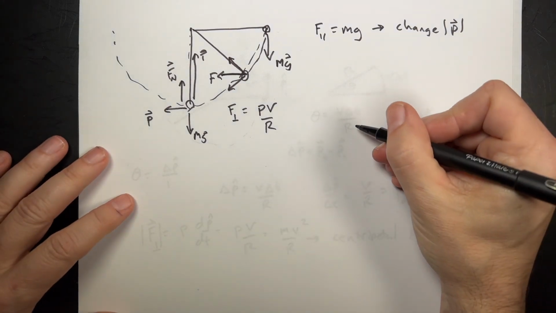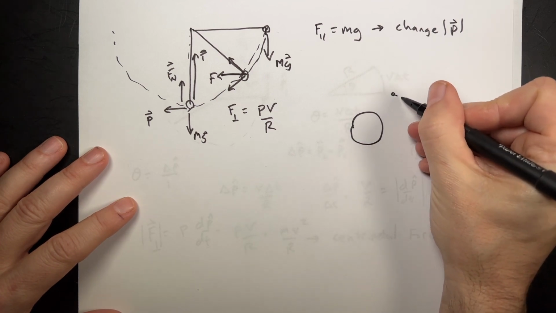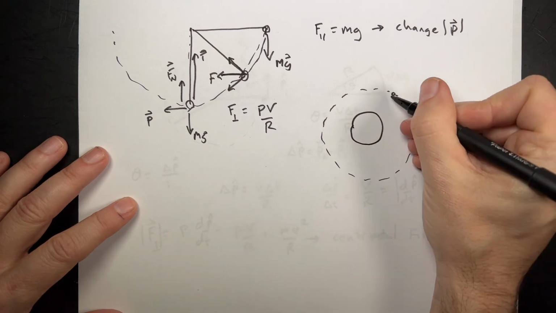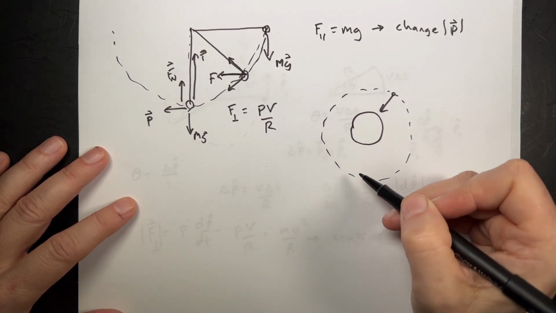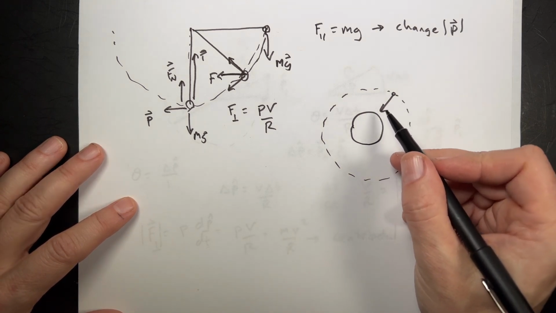Another great example. What if I have the Earth and I have an object orbiting the Earth? This is a tough situation, right? Because the gravitational force pulls that way and is constantly changing direction. If it's in a circular orbit, though, the distance doesn't change, so the magnitude stays the same.